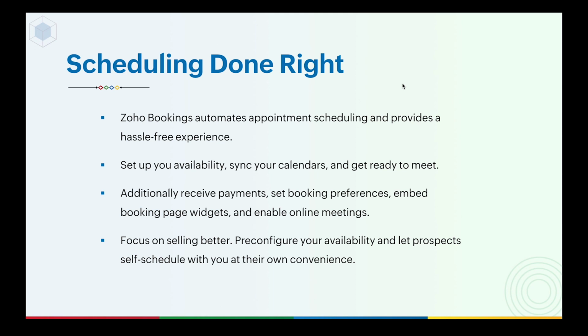You might optionally add online meetings, receive payments, and set up booking preferences, which would help you book meetings better and maintain your schedule. You can also pre-configure your availability and let prospects self-schedule with you. This gives you a lot of time to put back into your business and you can focus on selling better.